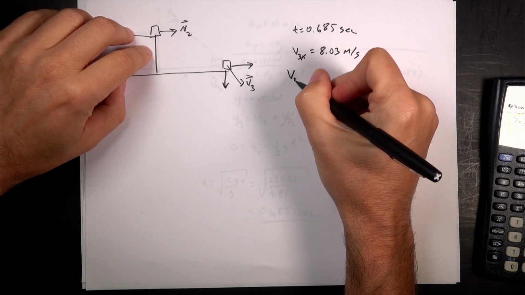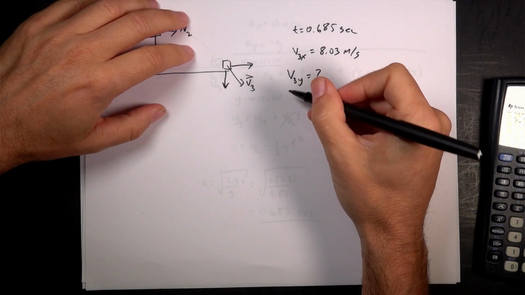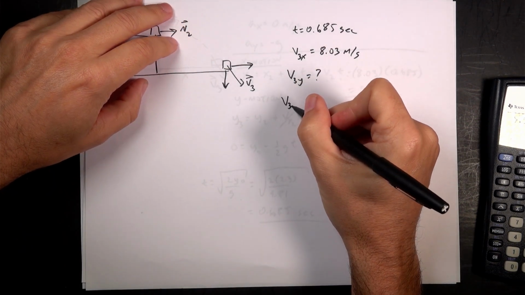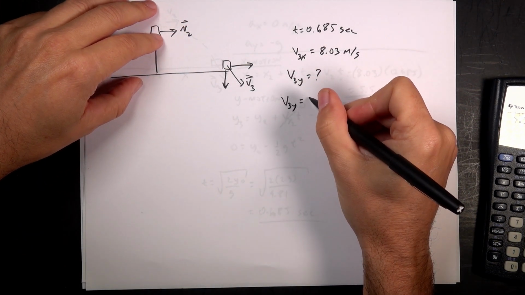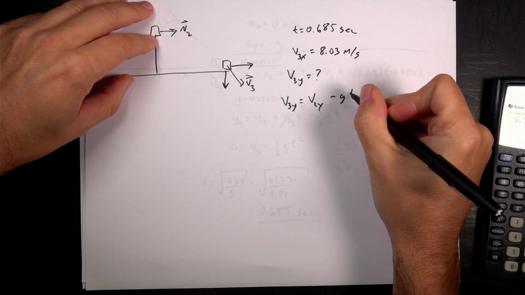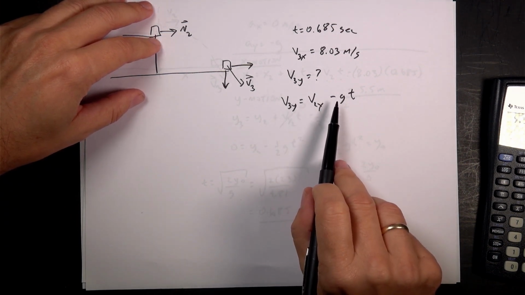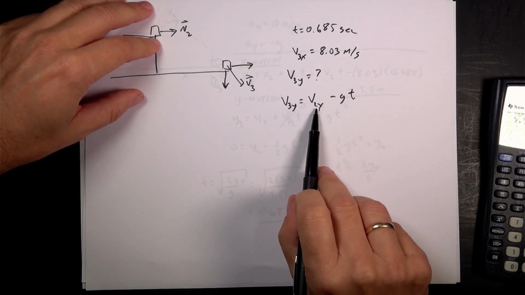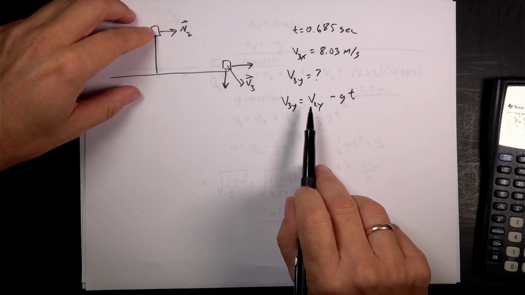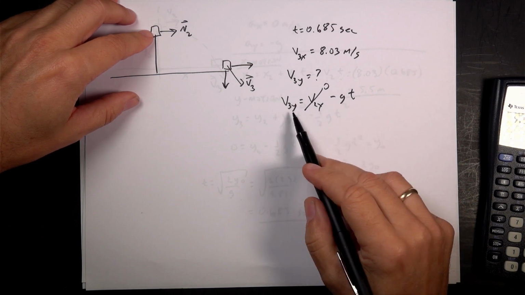So v3y equals what? Well, now I can use the kinematic equation. v3y equals the initial velocity, v2y, minus gt. This is just from the definition of constant acceleration in the y direction of negative g. If I know the y velocity at point 2, which I do, it's 0, and I know g and t, I can find this.